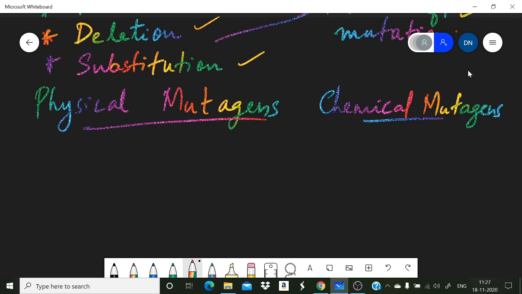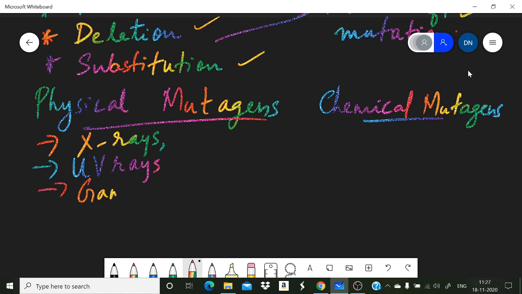Here there are chemical mutagens and physical mutagens. First we will see the physical mutagens. Physical mutagens are X-rays, UV rays, all the radiations, ultraviolet rays, as well as gamma rays and some cosmic radiations also, that may lead to some types of skin cancers, and different types of cancers are there.